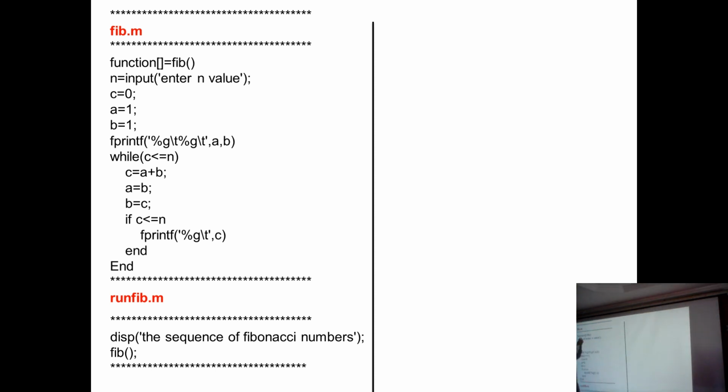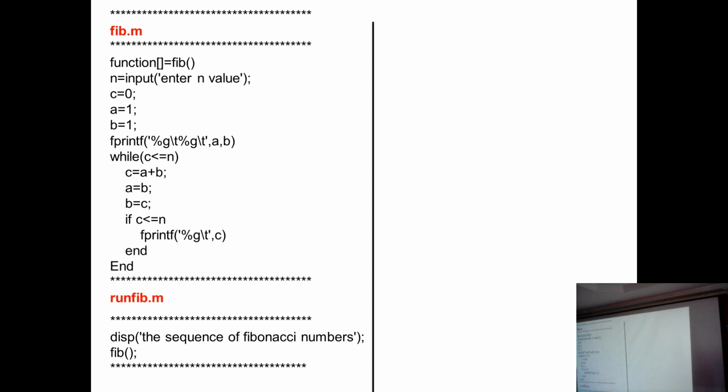I have used a function called Fibonacci. You know the syntax of a function. Function, square brackets, inside the square brackets the output variables, equal to the function name or file name. I told you already, normal parentheses, and inside these parentheses you use the input variables.